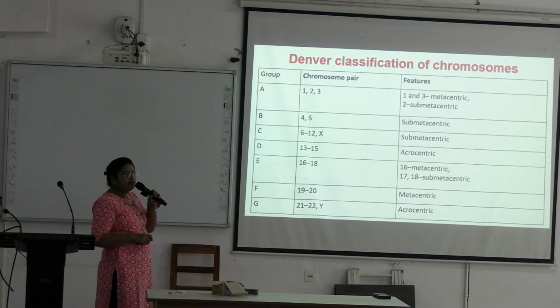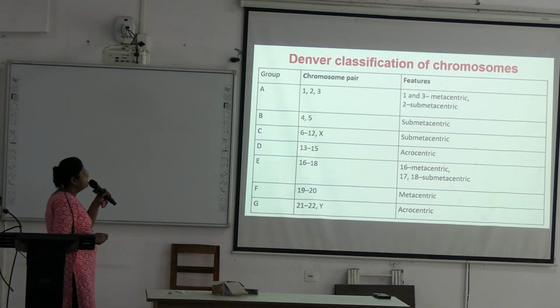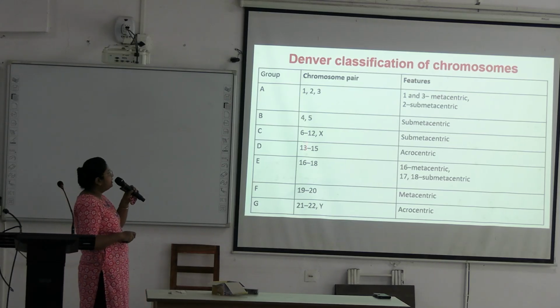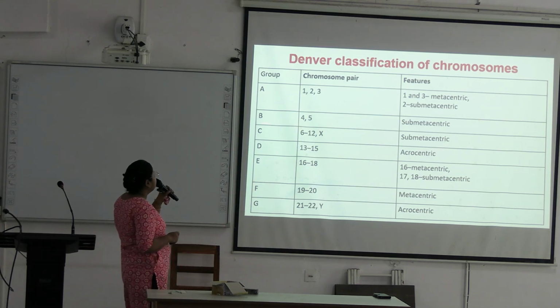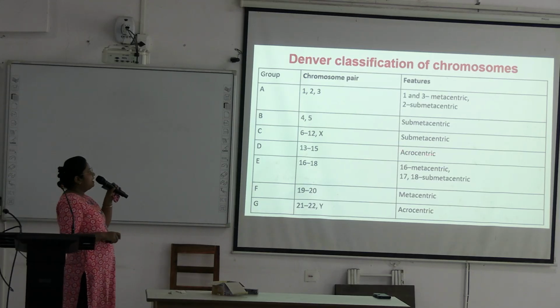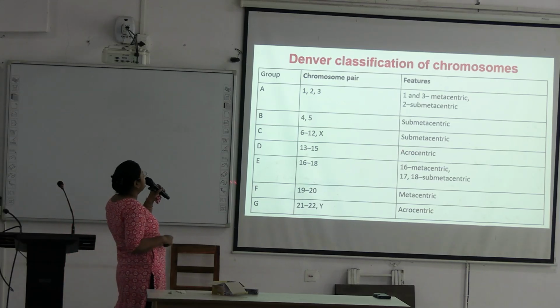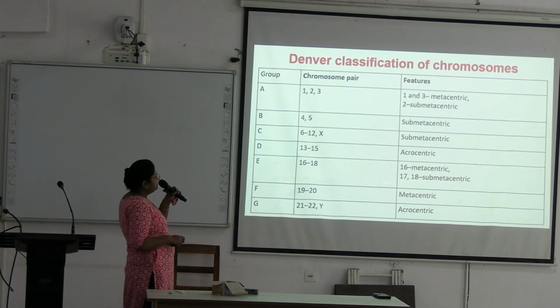These are submetacentric. Next, there is group C. Group C contains 6 to 12 and X. These are also submetacentric. Group D chromosomes are 13, 14 and 15. They are acrocentric chromosomes. Then group E contains 16, 17 and 18. 16 is metacentric, 17 and 18 are submetacentric.